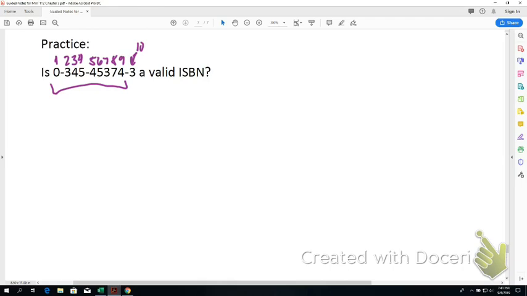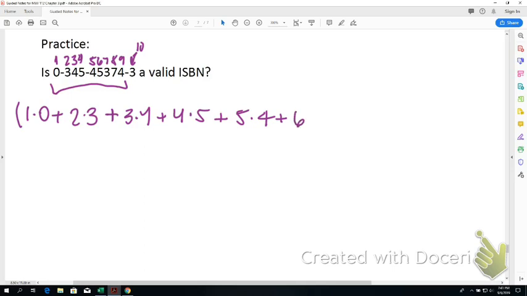We have the first digit times its value, plus 2 times 3, plus 3 times the third digit, plus 4 times the fourth digit, plus 5 times the fifth digit, which is 4, plus 6 times the sixth digit, which is 5, plus 7 times the seventh digit, which is 3, plus 8 times the eighth digit, which is 7, plus 9 times the ninth digit.